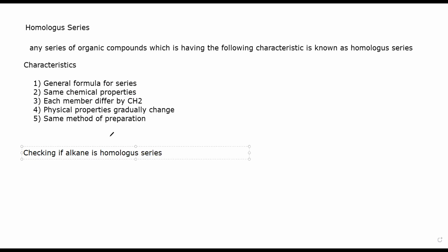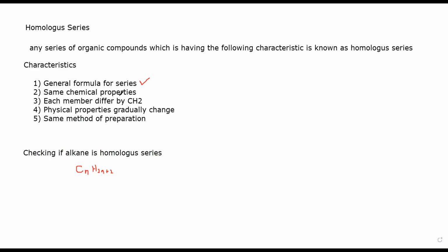What is the first characteristic of a homologous series? It should have a general formula. And when we check, alkanes have a general formula. What is the general formula of alkane? It is CnH2n+2. So first tick for that. Using this formula, we can find any member of this series.